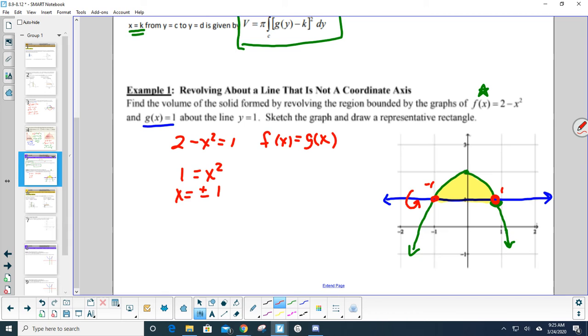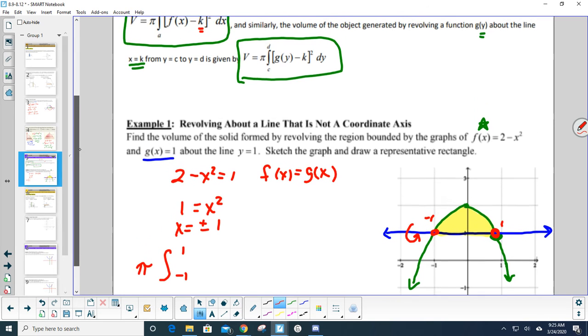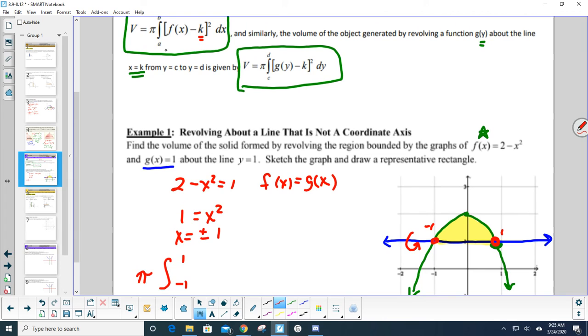Okay, so now we're going to do the integral. We put the pi out front, and we're going from -1 to 1. Now, if we did it the old way, we'd be finding this area under here too. But because we're not rotating it about the axis this time, because we're rotating it about another number, we're going to use this right here.